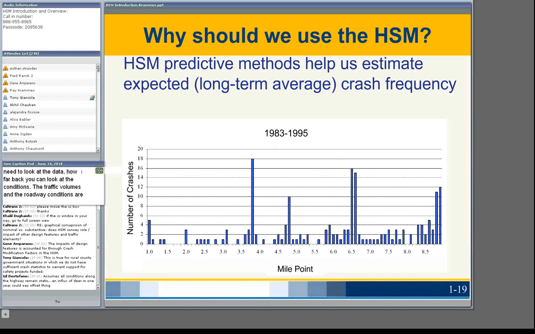This next plot is for the same 57, but it's the same 57 locations. And what this shows on the horizontal axis is the change in the number of occupants exposed to impacts between 2003 and 2005.